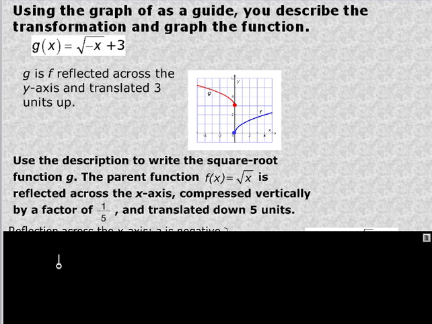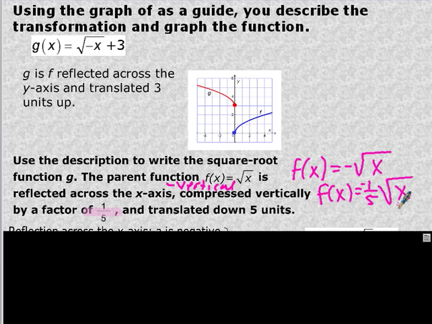So reflection across the x-axis, this is a vertical reflection. So I know that that's going to look like this. Okay, vertically compressed by 1/5. So that's my a. So that means I'm going to now have f of x equals negative 1/5. Vertical changes are outside the square root function.